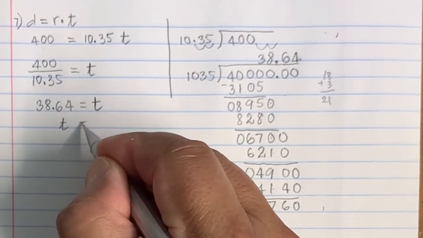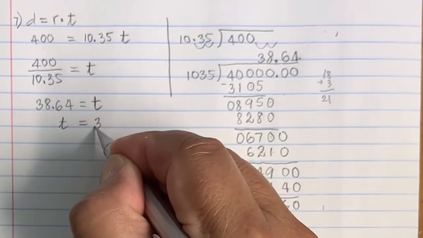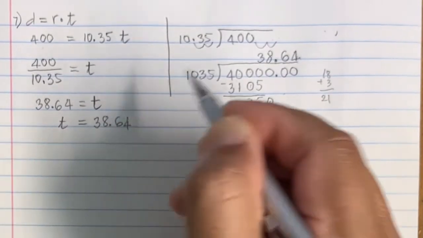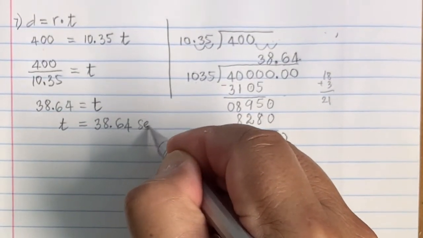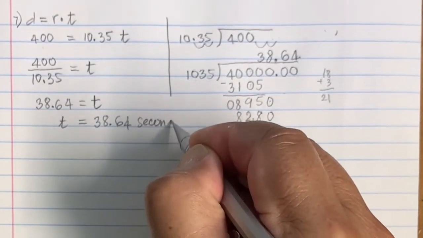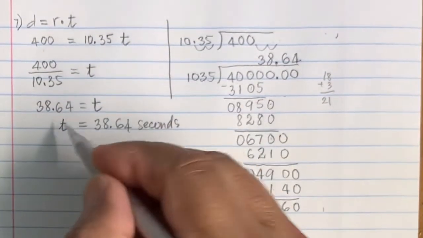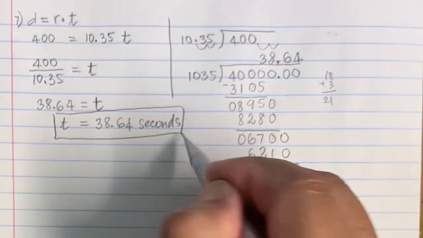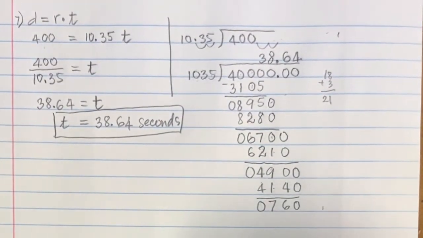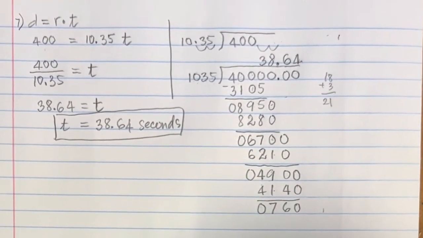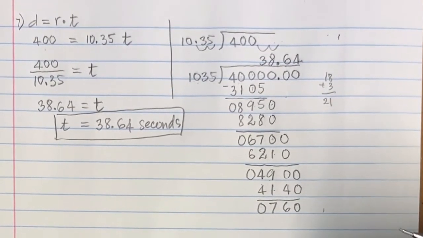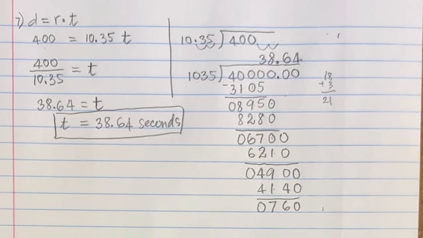T equals 38.64 seconds. All right. So Usain Bolt ran 400 meters in 38.64 seconds.